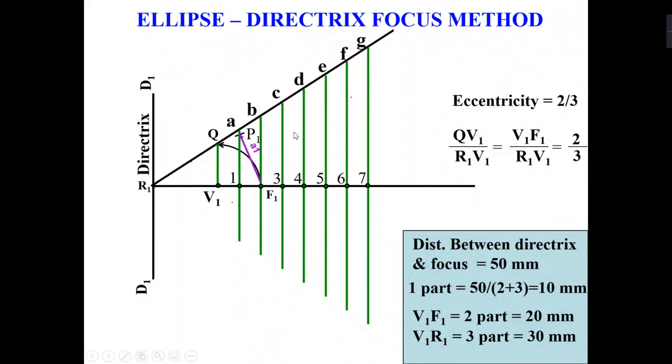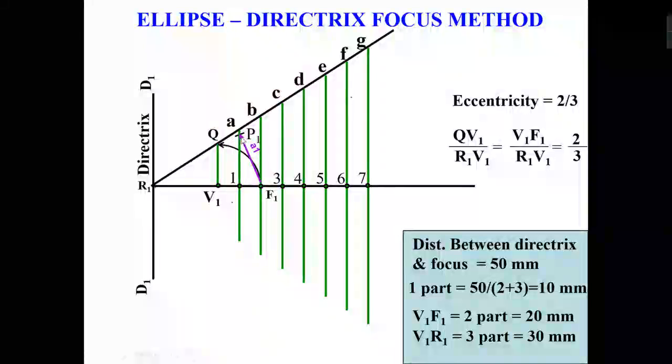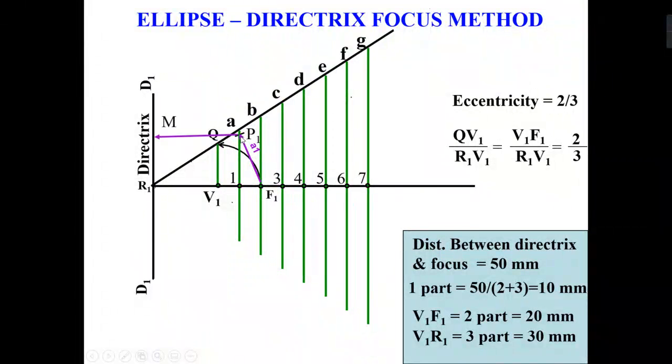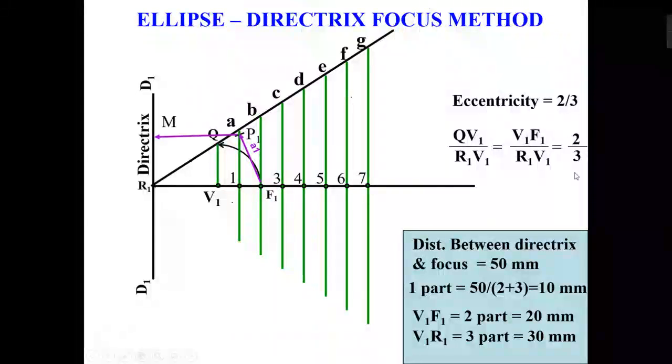So how can you say this is a point on the ellipse? See, here you can see this distance is nothing but the distance A1. And if you take the horizontal distance from the directrix, it is R1 1. This is the horizontal distance of this point. So the ratio will be nothing but 2 by 3.